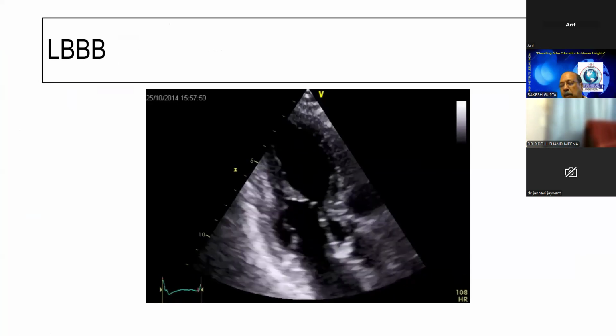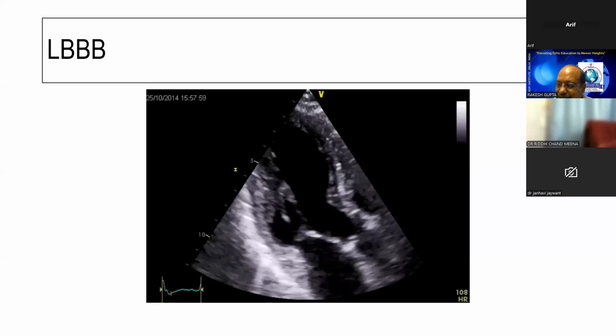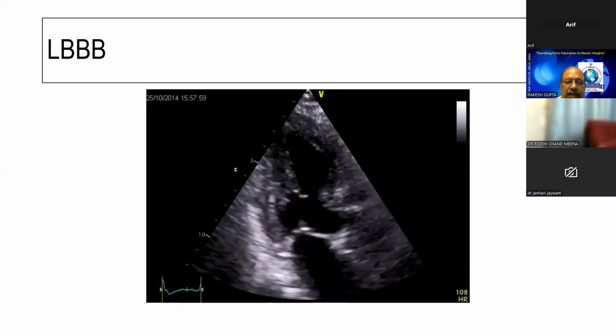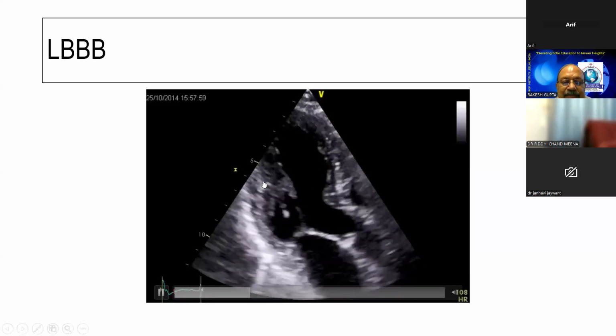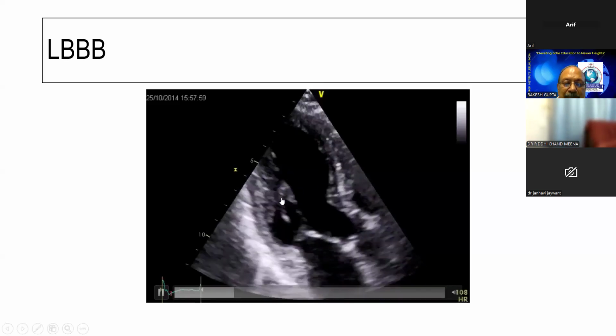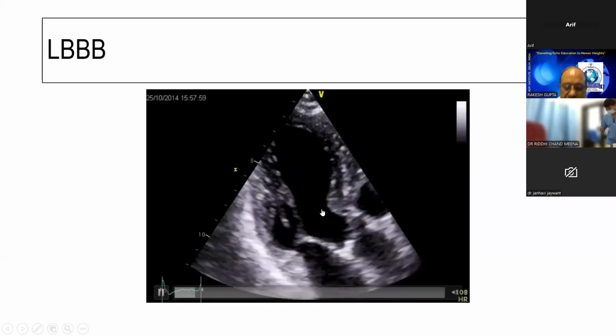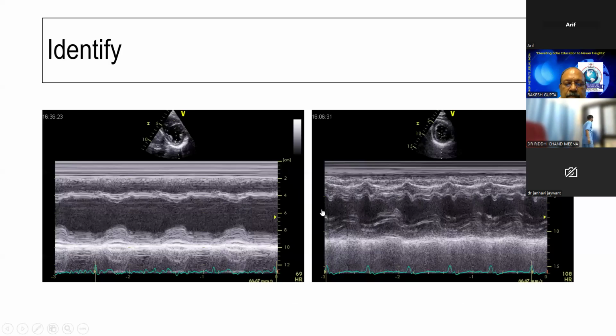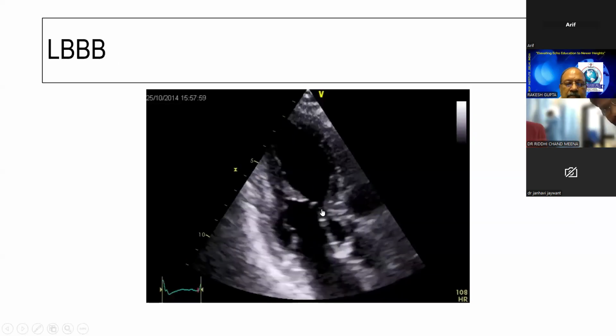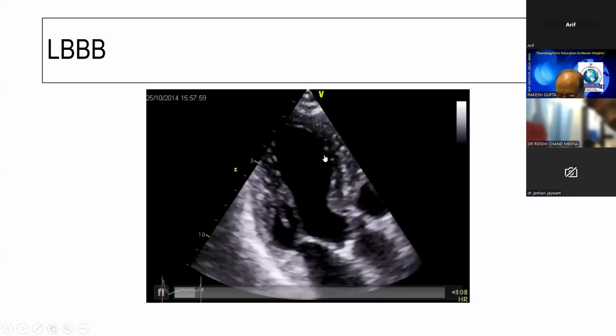Why is that? Papillary muscle, sir. Correct. Good question and answer. If you happen to see a papillary muscle, then it's the inferior wall. If you don't see a papillary muscle, then it's the posterior wall. Now look at this septum. It is not a jerky septum.